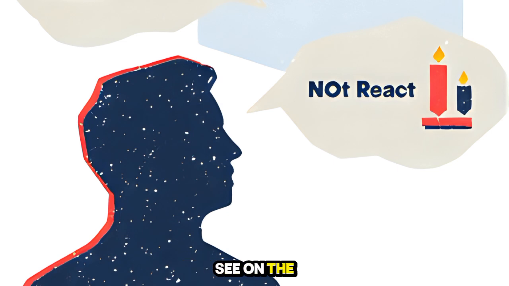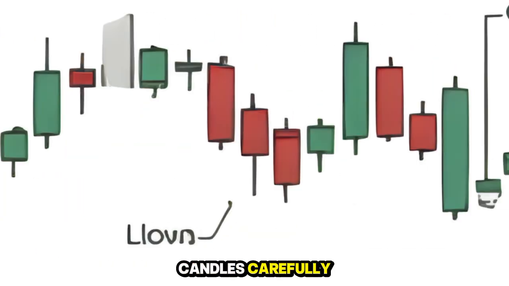Emotions you can see on the charts. When you observe candles carefully, you start noticing clear emotional signatures. Rising series of green candles, confidence and excitement. Sudden long red candles, panic or fear. Alternating small candles, confusion and hesitation.